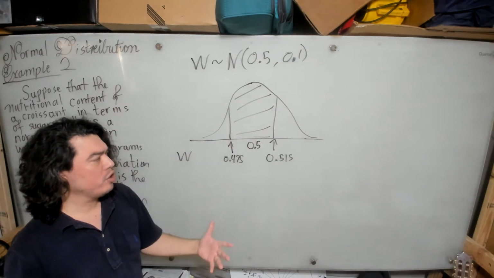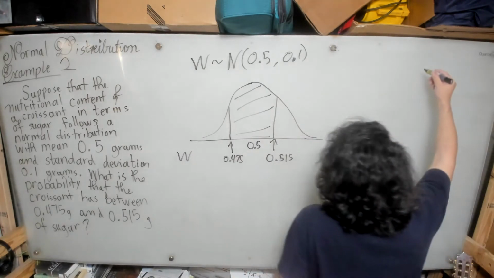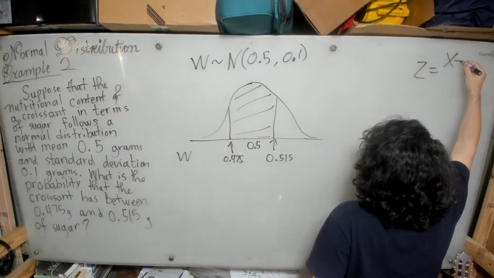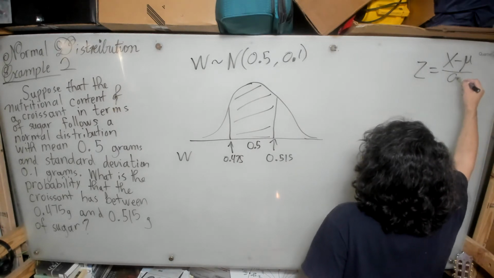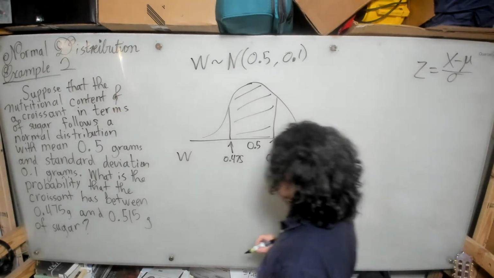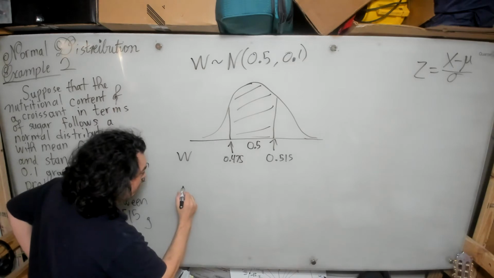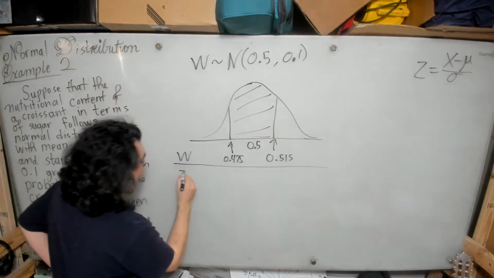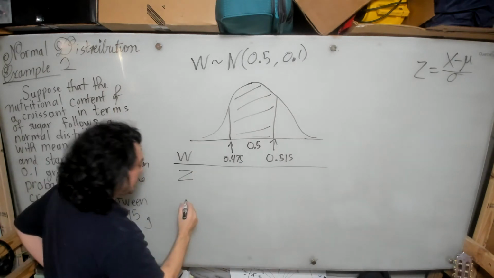So what we're now going to do is find the z-score of these values. Recall that the z-score of some value x in the distribution is x minus mu over sigma. Okay, so let's first calculate the z-score of 0.475. And I'm going to put a little line here so that underneath it I can make the corresponding z-score values. Okay.